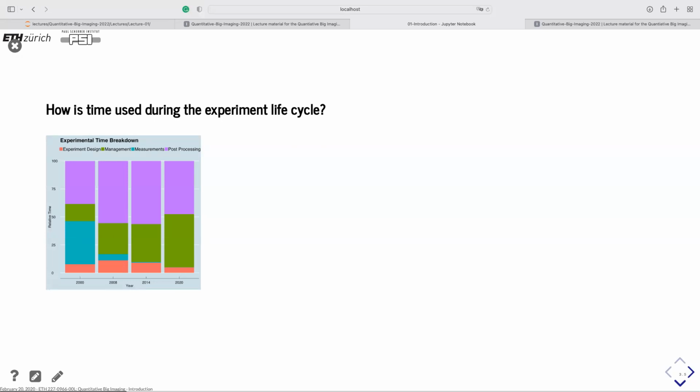Over the years, the experiment design time takes relatively much less compared to the data management, and the measurement you barely see because the beamlines can produce terabytes of data in a short time. And that makes the experiment part itself relatively small compared to the management and the post-processing.